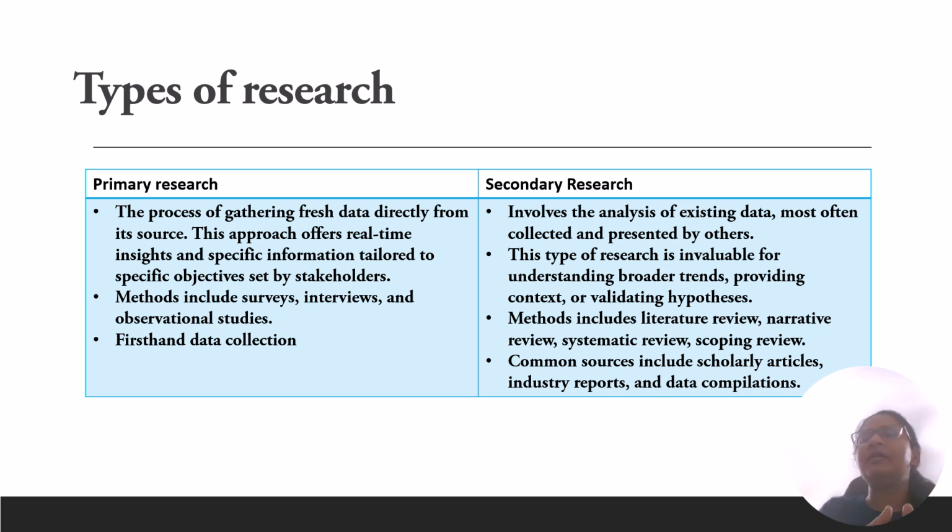As I told you, primary is fresh data; secondary is getting data from studies that have already been done. For example, I have a study where I have done an analysis of what the measures are, or what the oral health outcomes are, or how oral health is taken care of for special needs children.